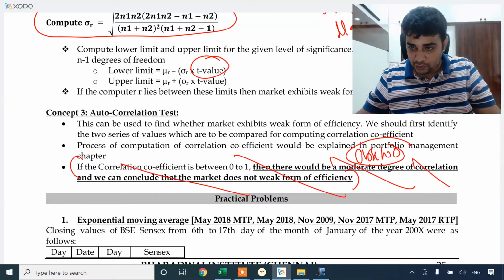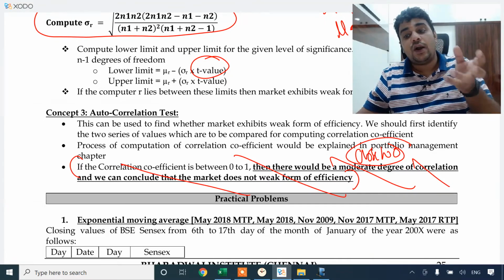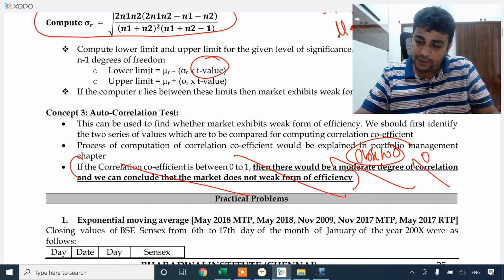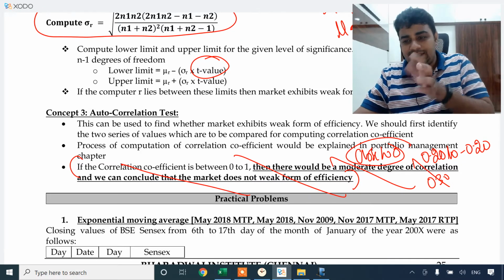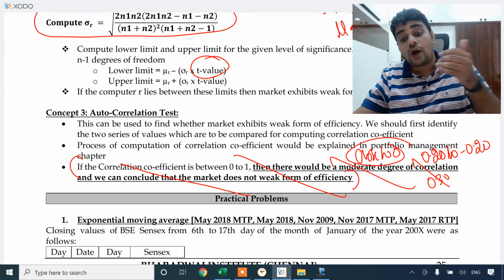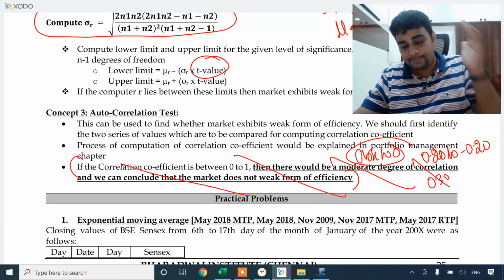If the number is closer to 0, it means there is no correlation between this period and the next period. Maybe you can put it as 0.2 to minus 0.2, or maybe 0.3 or 0.25, some number. Let's take 0.25 positive to minus 0.25. It means there is no correlation between the first period and the second period.